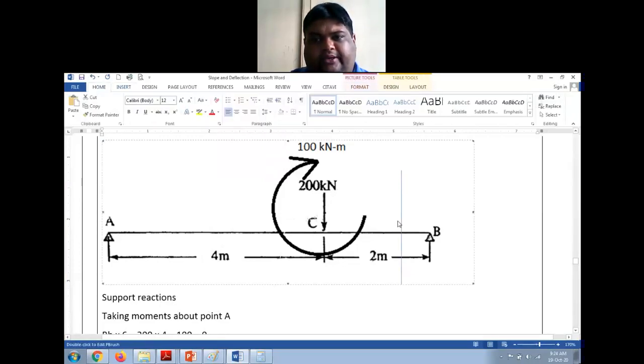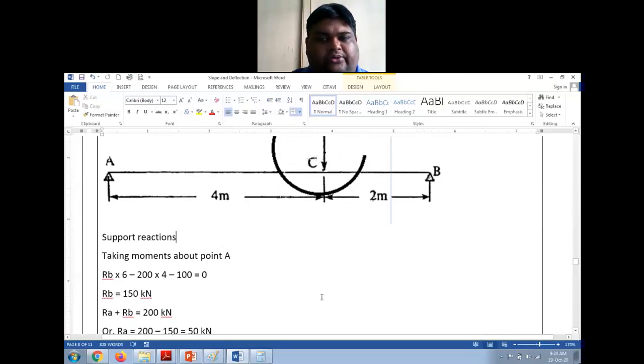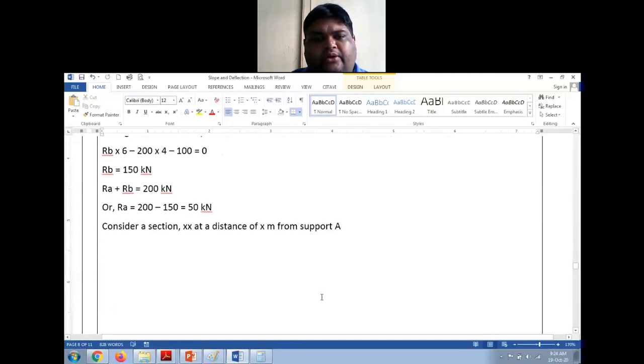So this is my section XX, and from A this length is X, right? And this length will be X minus 4. So there are only two. I'm not going to spend time on modifying the diagram because we are running out of the time.